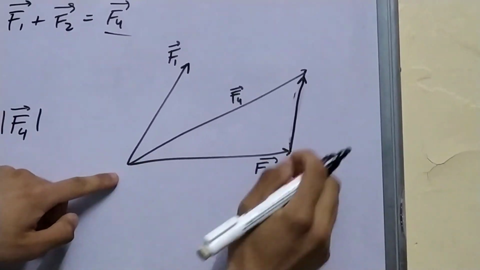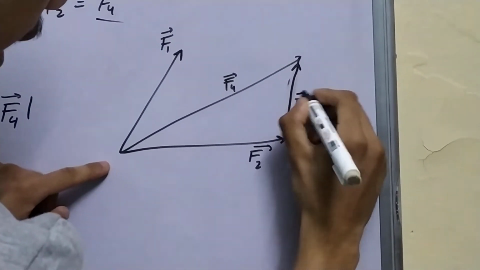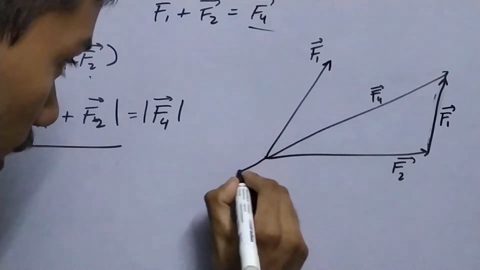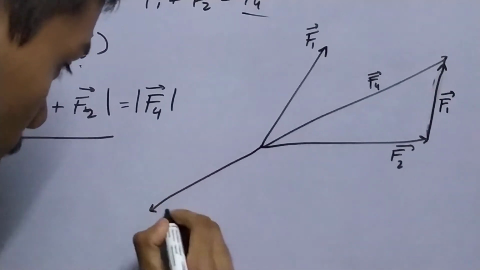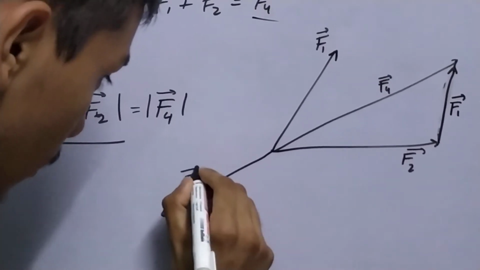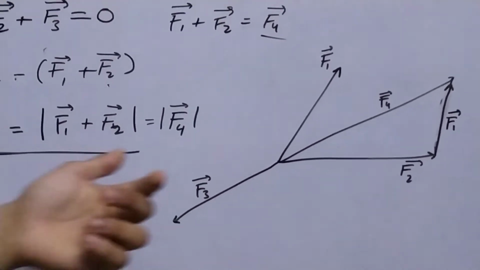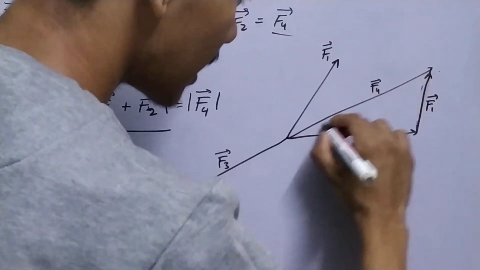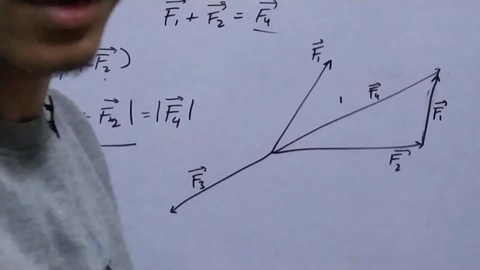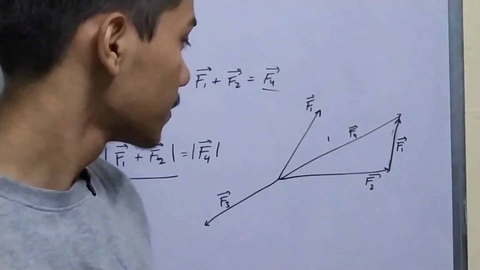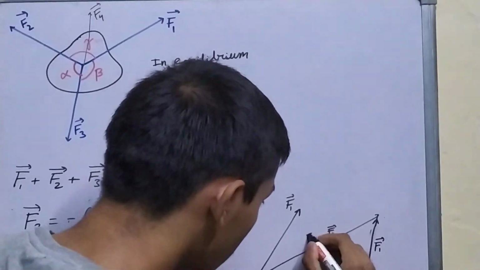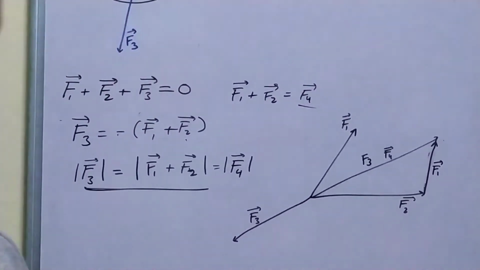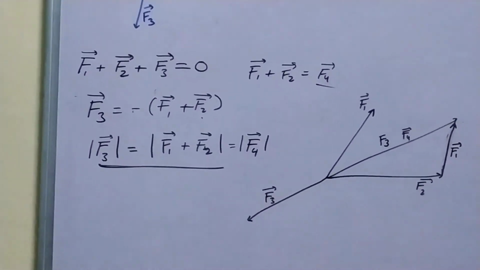So F2 plus F1 will give you F4, and F3 will counteract this force. Now here's the thing, the magnitude of F4 is the same as the magnitude of F3, so we can call this length, since the magnitudes of vectors are given by the length, as F3, this length as F2, and this length as F1.